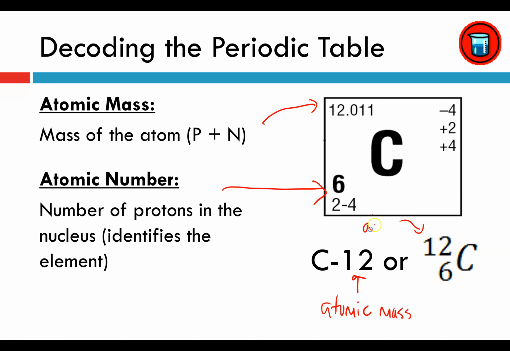It's the atomic mass. And the 6? Oh, atomic number. There we go. So just be familiar with those notations. We'll see them again in the practice problems, and we'll just reinforce those concepts.